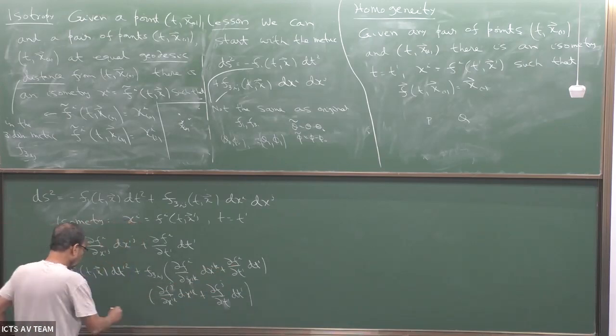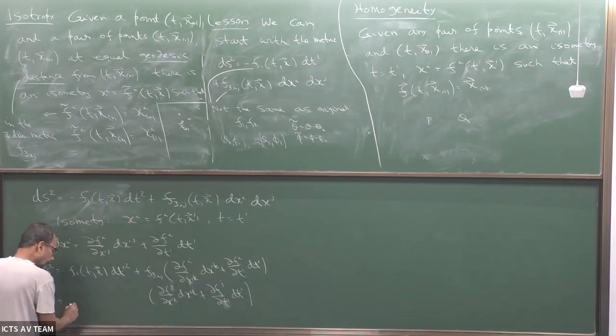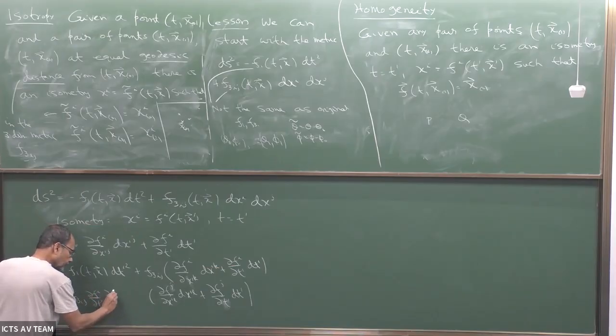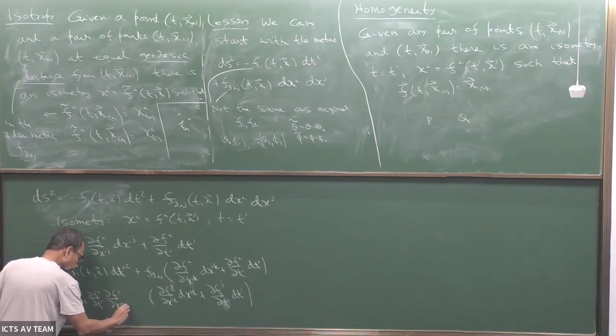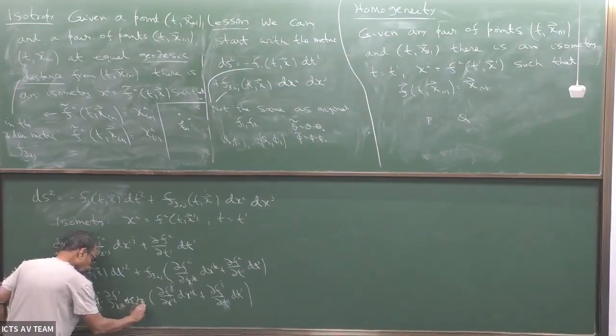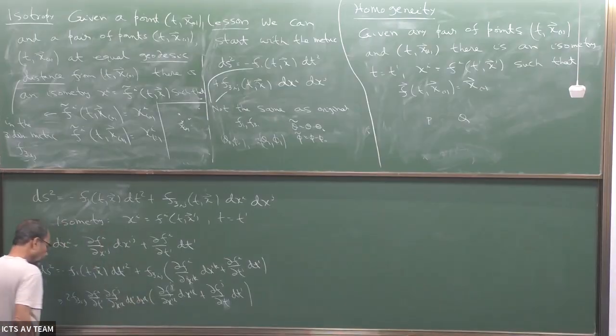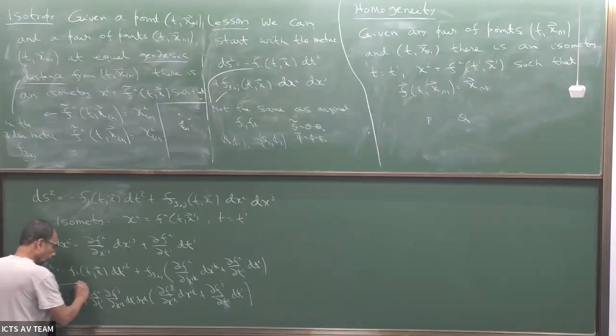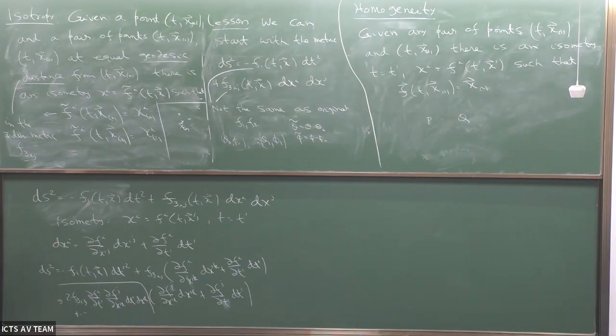This has terms like 2 f3_ij, plus other things.